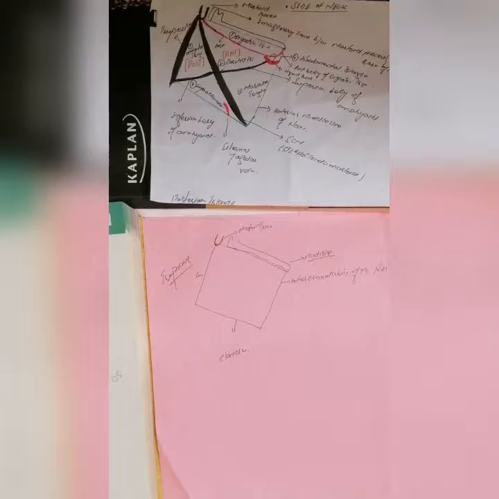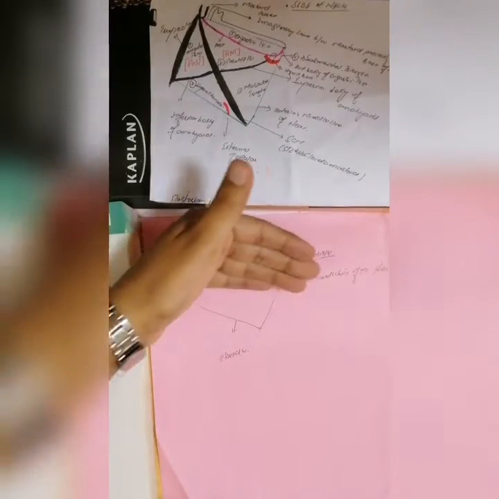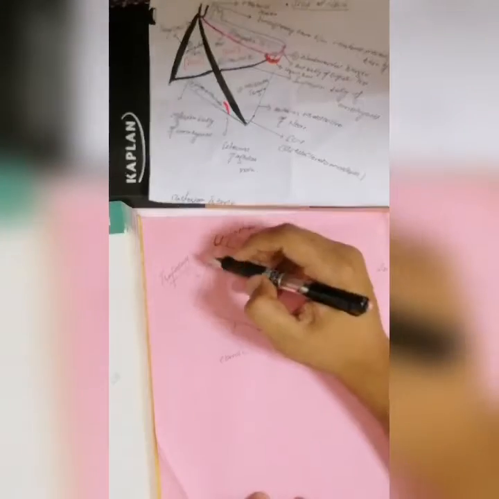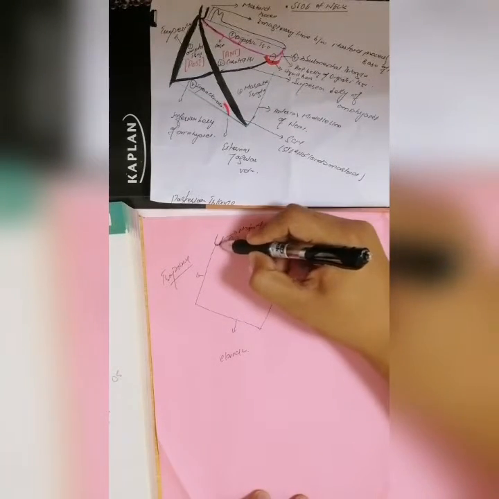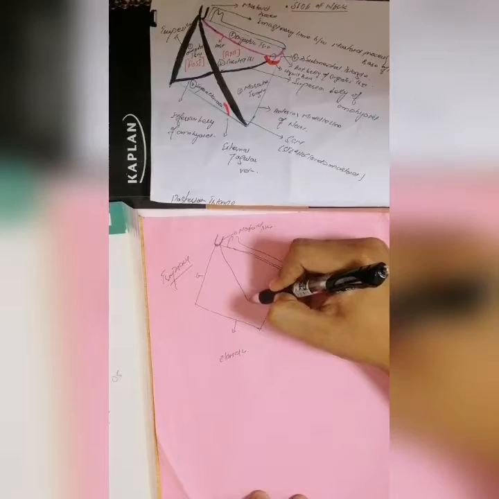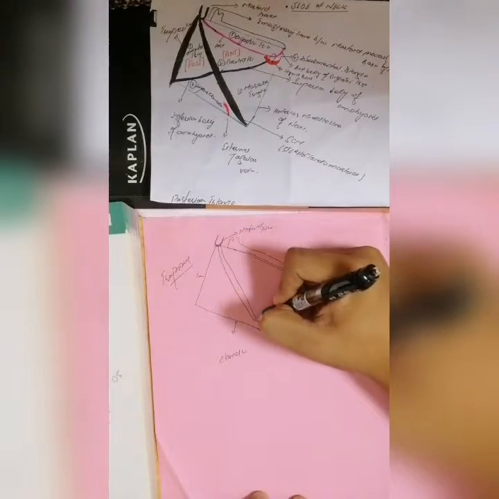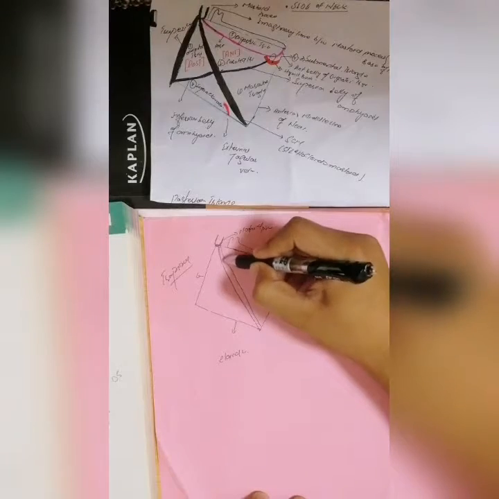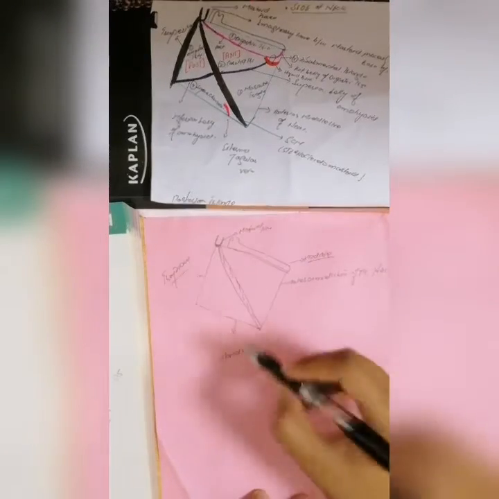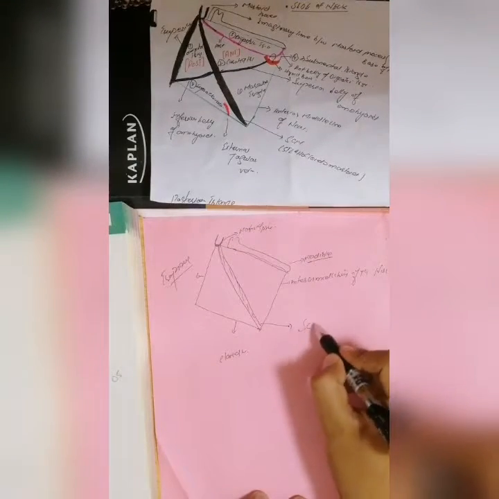So now it is the side of the neck, like you can see it from the side. Now the main muscle that lies in between and divides the triangles into anterior and posterior is the SCM. So this is SCM.